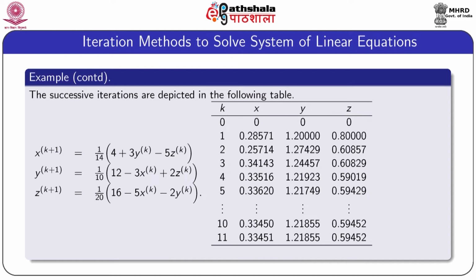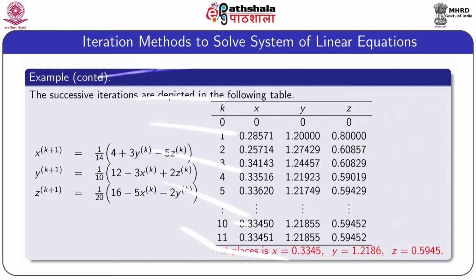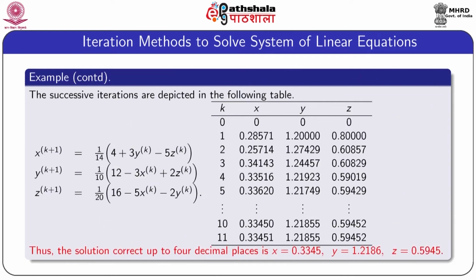So, we can conclude that the iteration scheme converges to the desired solution, and the solution of the system of equations is x equal to 0.3345, y equal to 1.2186, and z equal to 0.5945, correct up to 4 decimal places. So, this is the final solution of the given system obtained by Gauss-Jacobi's iteration method.